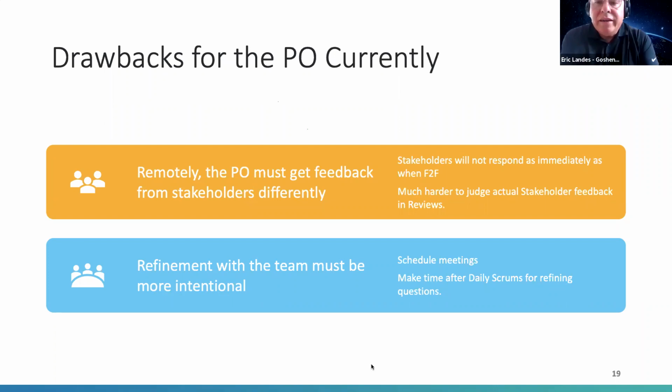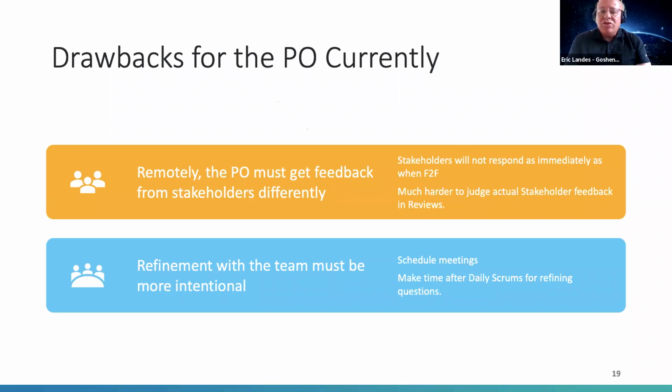I find it harder when I'm online to monitor facial expressions when we're talking about this is important, and it just makes that a little harder for me. I think stakeholders really, I'm not running to them in the hallway, right?